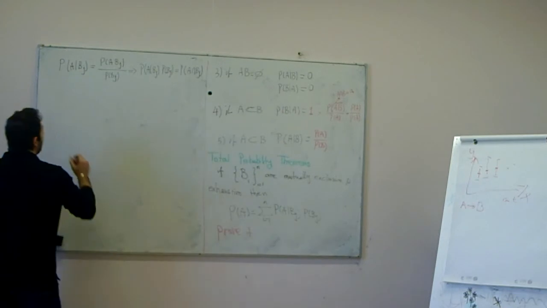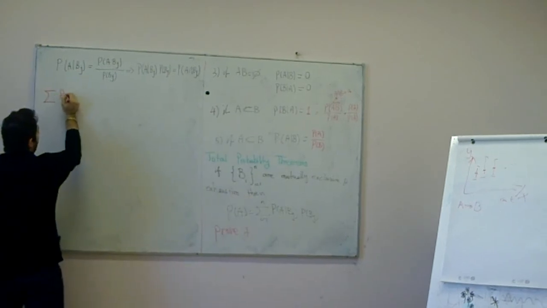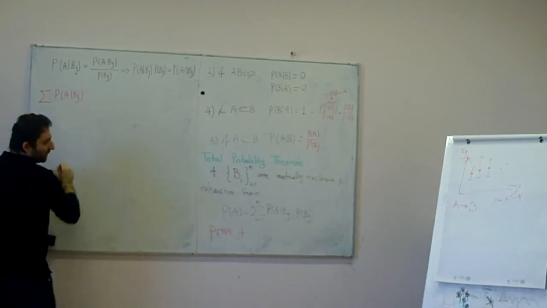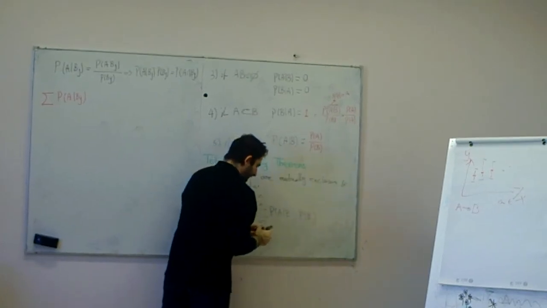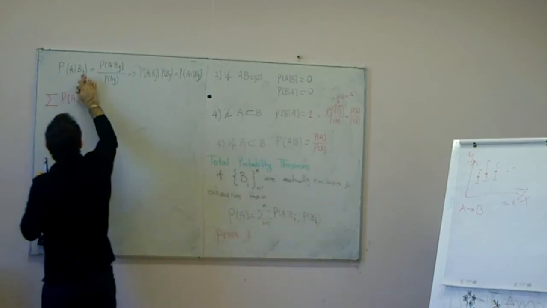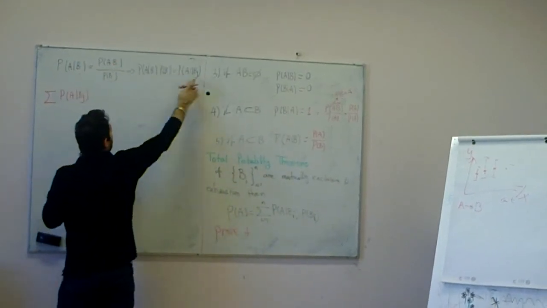So, then the summation of P(A given Bj) times P(Bj). We are using j here, but my apologies, instead of j I'm using i because the index of the summation is i.